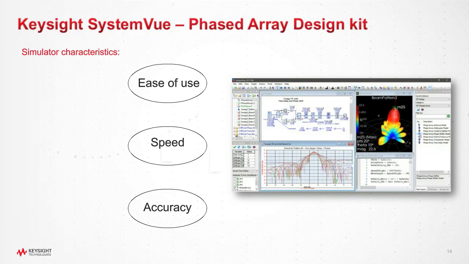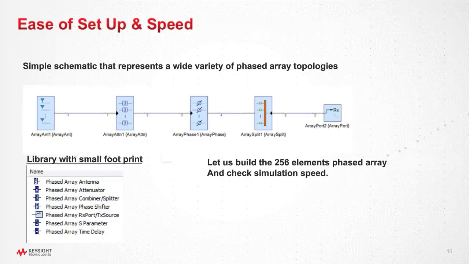So we need ease of use, speed, and accuracy. What we mean by ease of use here, especially, is that because this is a multi-channel system, we should be able to model with a fewer number of parts very quickly and into a desired geometry like a linear array or a rectangular array, circular array, etc., with a few clicks of a mouse.